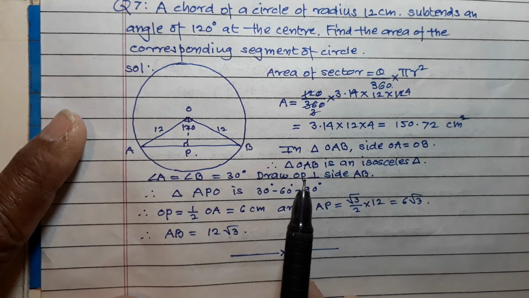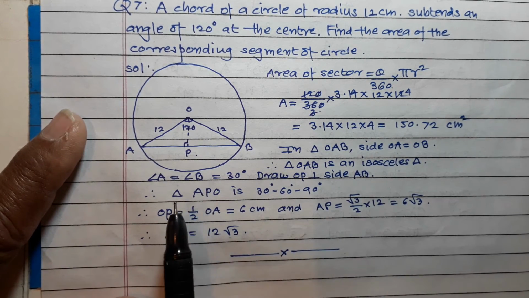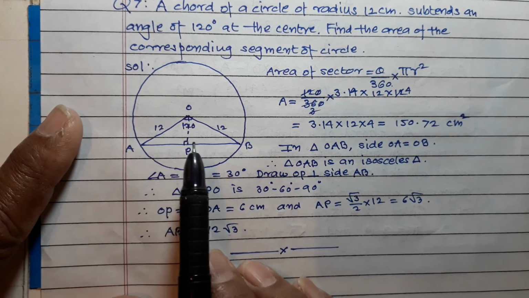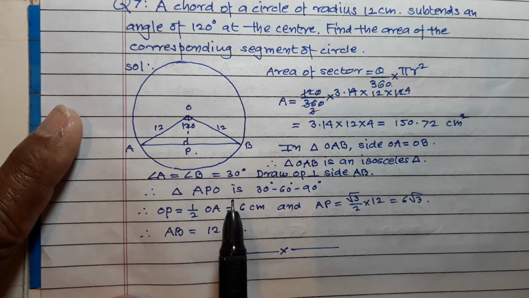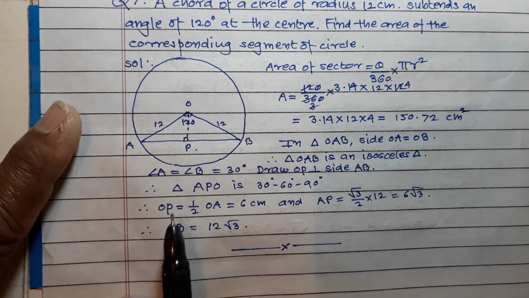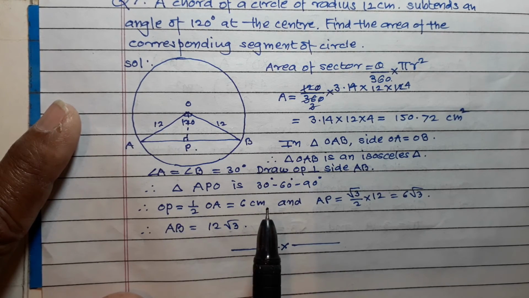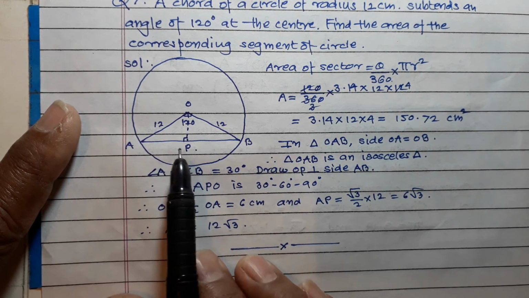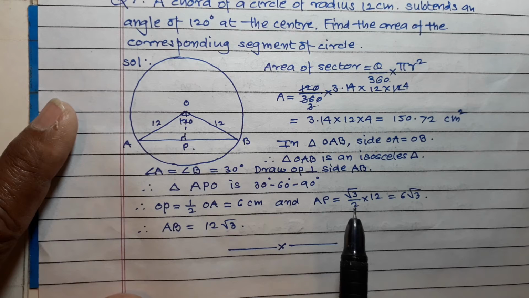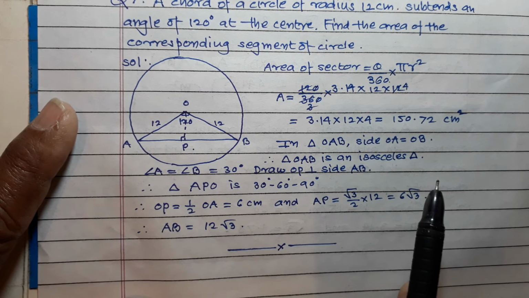Draw perpendicular OP on side AB, and therefore triangle APO is 30-60-90, and therefore OP is equal to 1 upon 2 hypotenuse, that is 6 centimeters, and AP is equal to root 3 upon 2 into 12, that is 6 root 3.